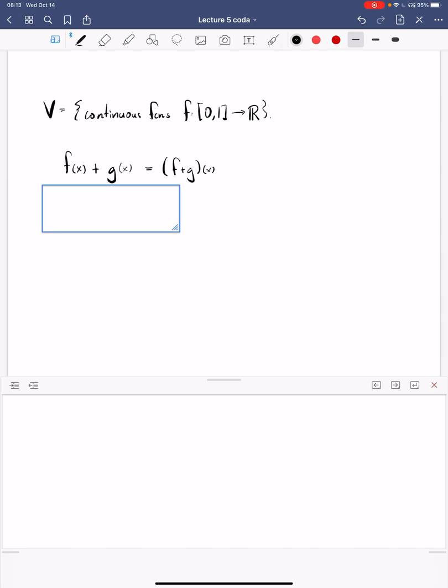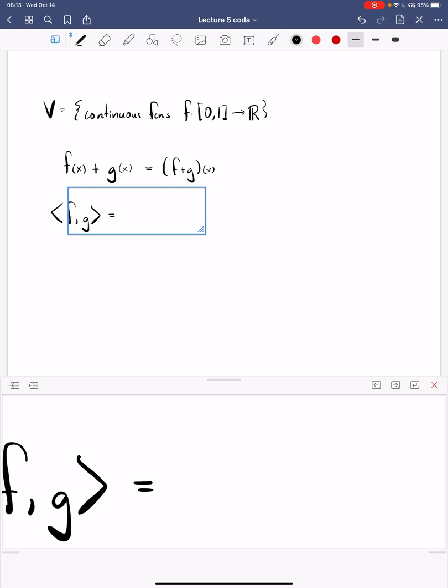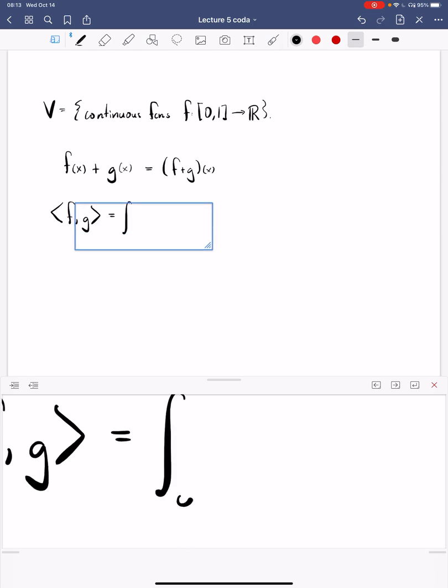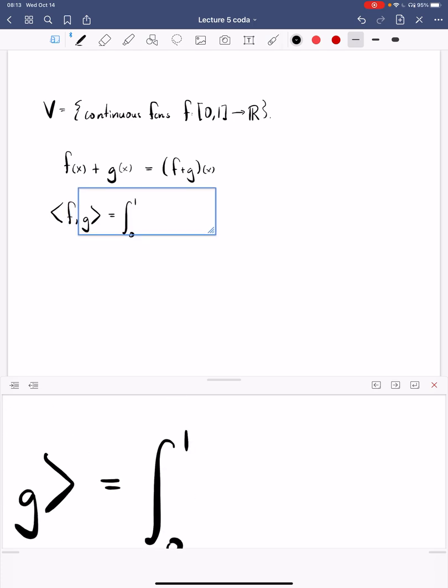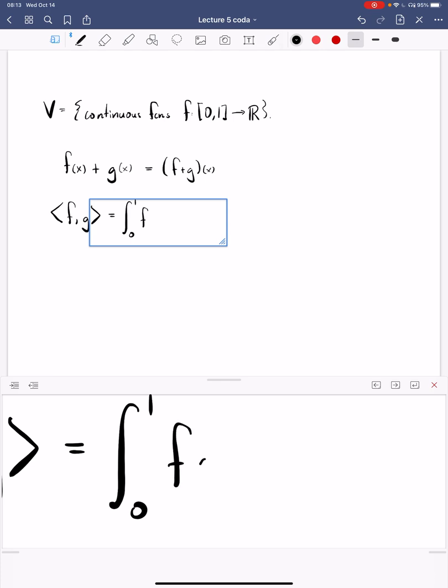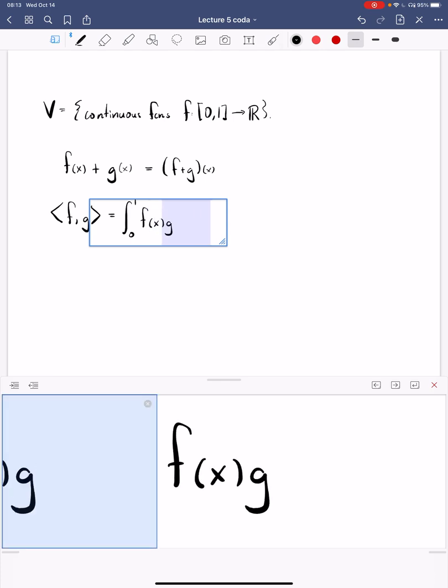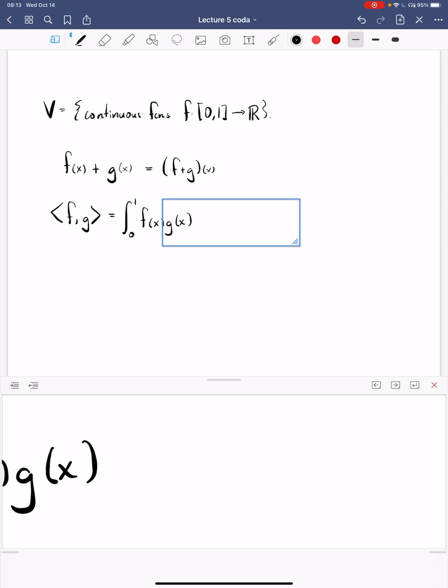And how can you define a scalar product in this space? This is one that's very often used. The scalar product of f and g is the integral from 0 to 1 of the product of f of x and g of x over your interval, dx.